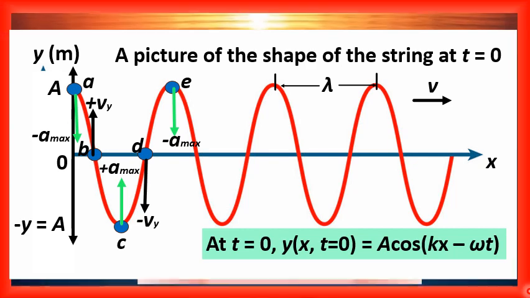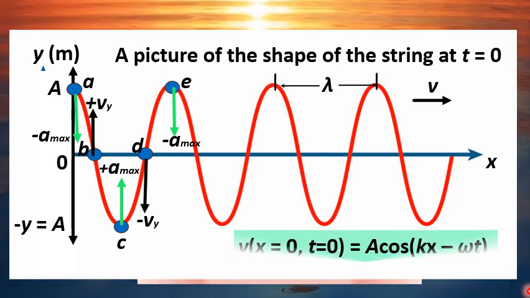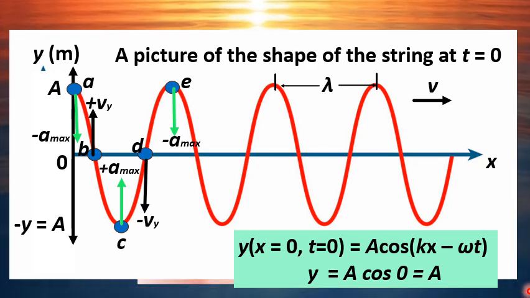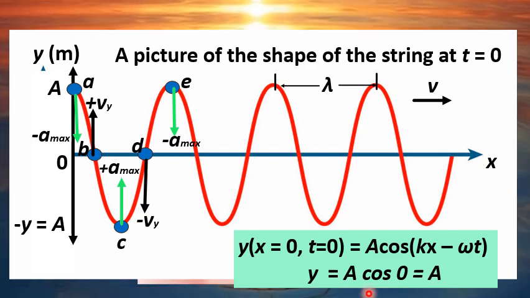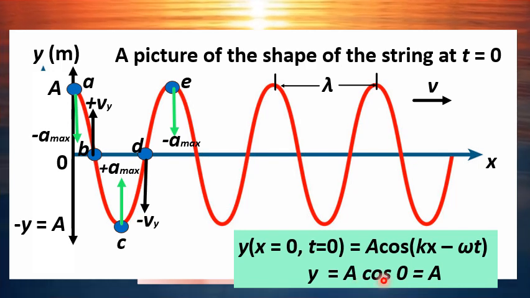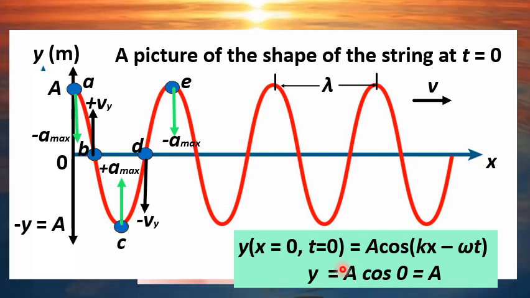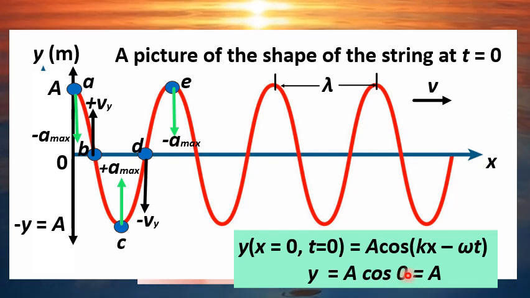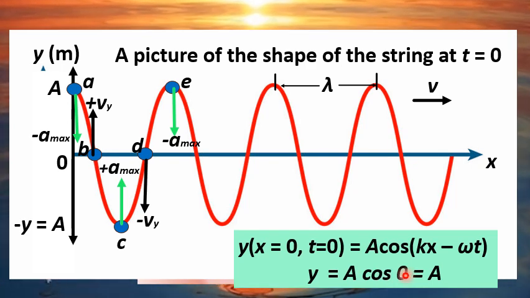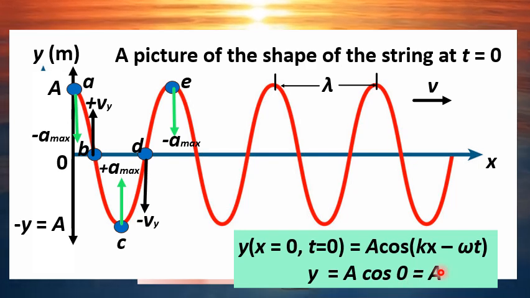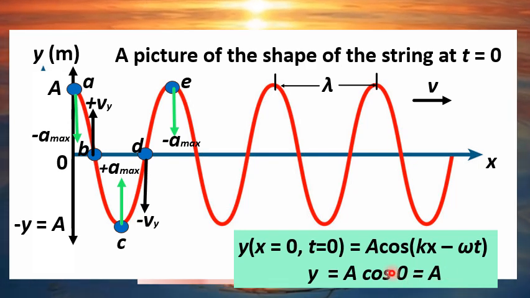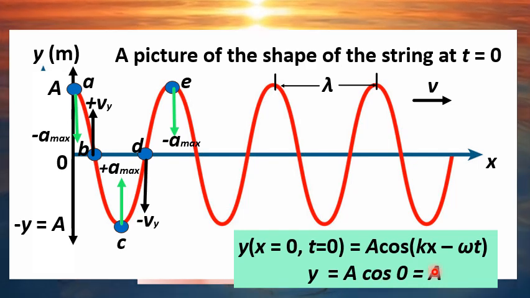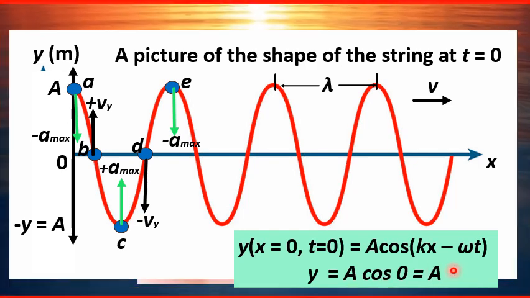So we can say that the displacement of particle A is just equal to the amplitude, capital A, times the cosine of 0 radian, which is equal to 1. Hence, the y displacement of particle A is just equal to the amplitude, capital A, of the wave.